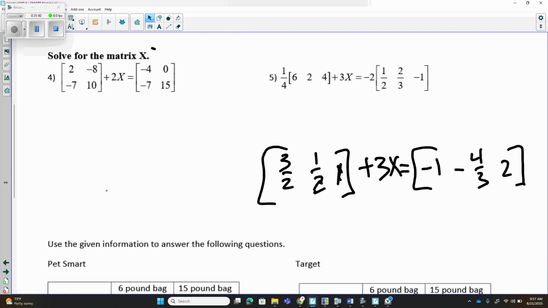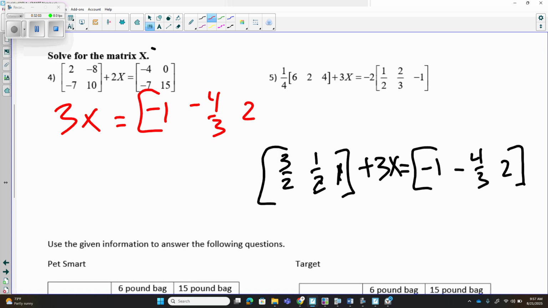So I'm going to write it up here so you can see it a little bit better. I'm going to go 3 over 2, 1/2, 1. Whoops, take that back. I'm subtracting that one. I'm going to get 3x over here. When I subtract, it disappears. I want you to understand that. I get -1, -4/3, 2, minus 3 over 2, 1/2, and 1.